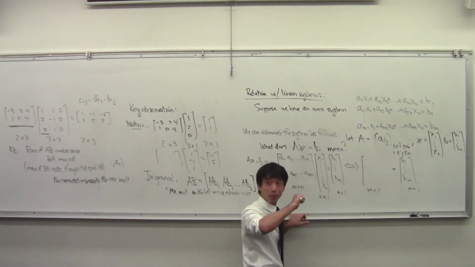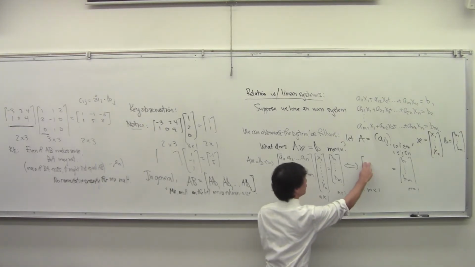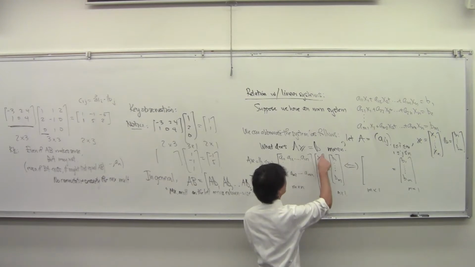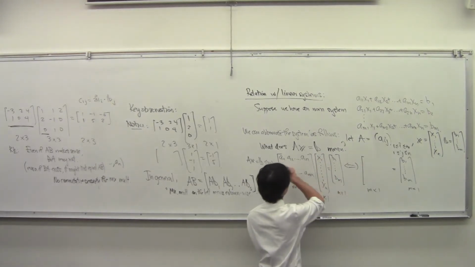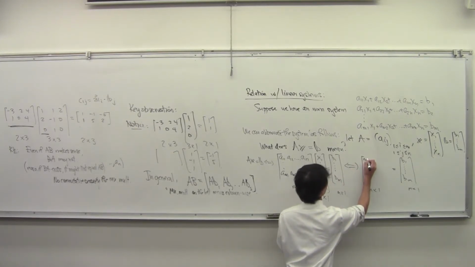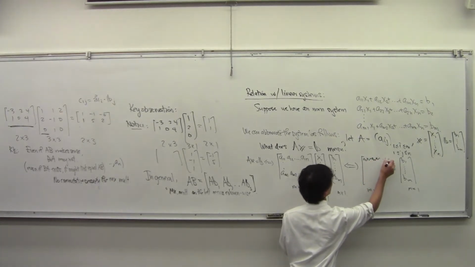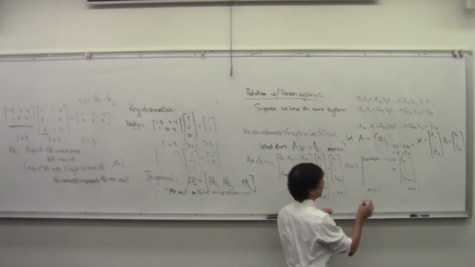So remember what matrix multiplication says. The thing here should be the first row against the first column. This is the 1,1 place. So it's going to be A11x1 plus A12x2 plus ... plus A1nxn.